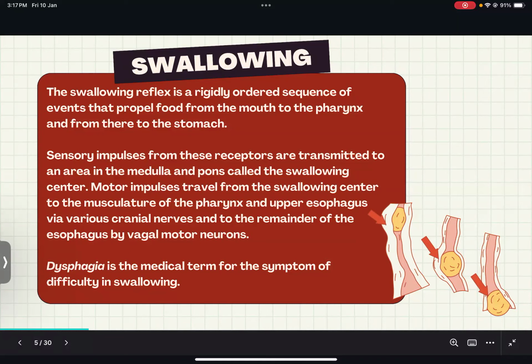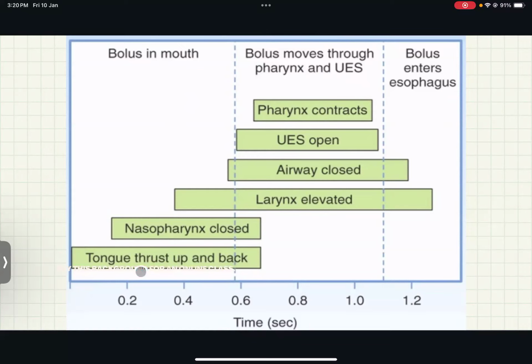So we can see that first, the tongue thrusts up and back. Let's think of this as a story. Imagine that you're having your favorite kind of pizza, and you take your first bite, and now the pizza bite is in your mouth.